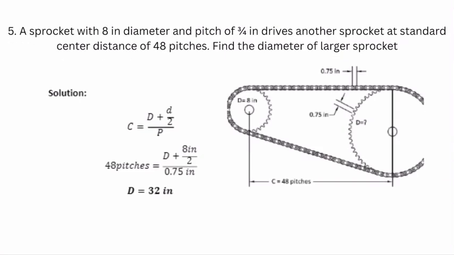Number 5. A sprocket with 8 inches diameter and a pitch of 3/4 inch drives another sprocket at a standard center distance of 48 pitches. Find the diameter of the large sprocket.